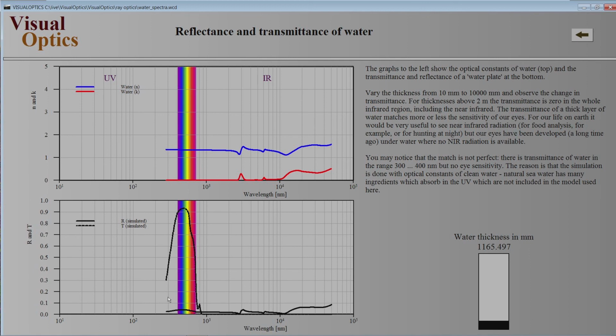Actually, these optical constants here are for very pure water, distilled water. If we would take a look at water that you will find in a lake or in the sea or in an ocean, there would be more absorption in the ultraviolet, significantly more, so this would be zero also here.